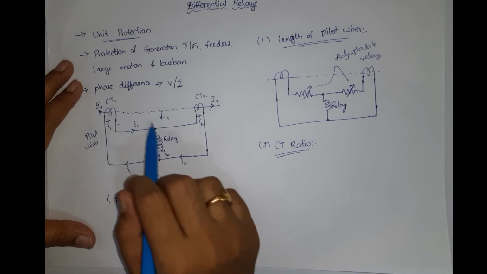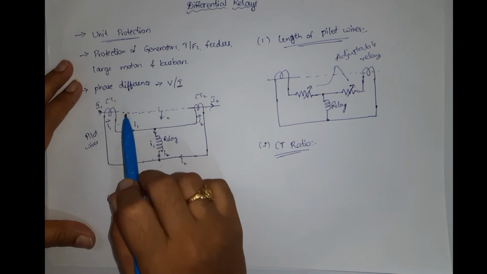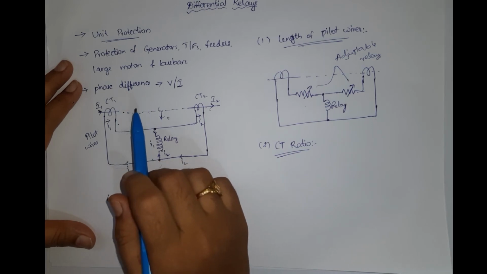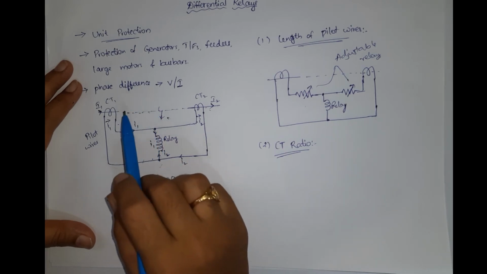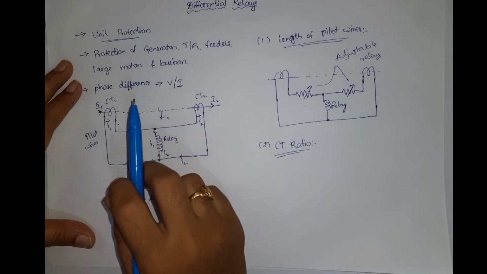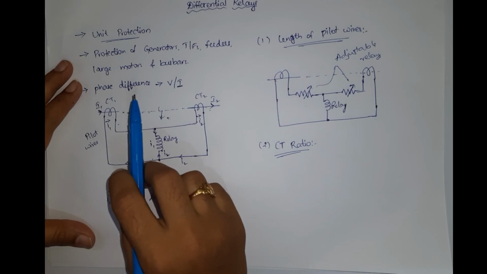So that becomes a problem here, right? Exact matching of CT characteristics is very difficult in practice. Why does it happen? Because the magnetic saturation of both the CTs may not be the same. So practically, any two CTs may not have the same magnetic saturation.